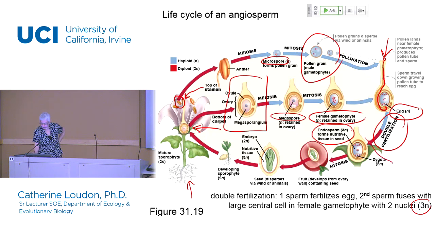Notice that when we look at this particular part of the diagram, we have the zygote, which is the egg that was fertilized by one of the sperms, and then right next to it is this peculiar triploid tissue, which has two haploid nuclei from the female gametophyte, and then one additional haploid nucleus from the second sperm, which was the second fertilization event.